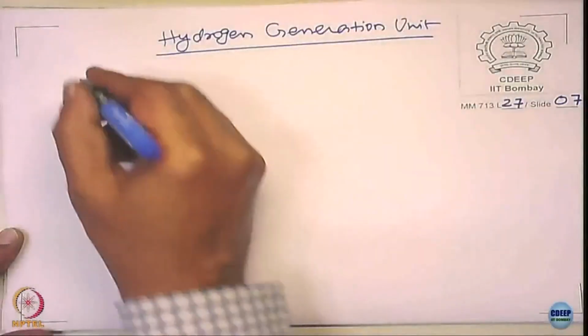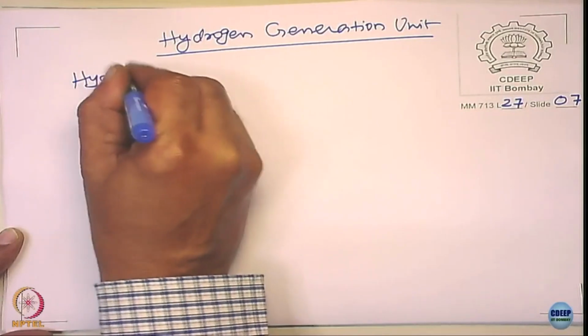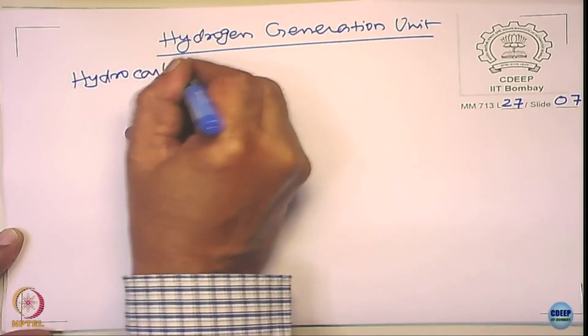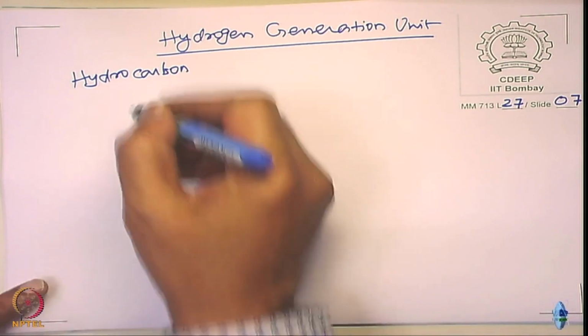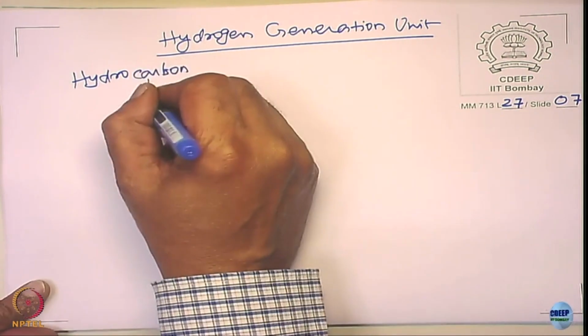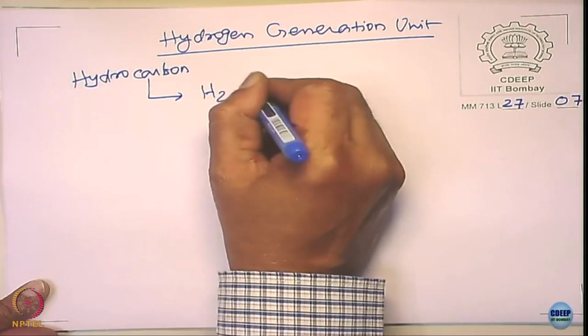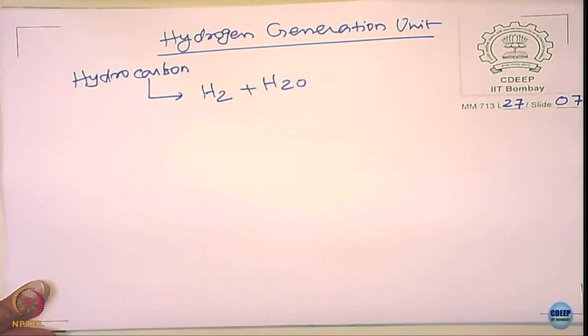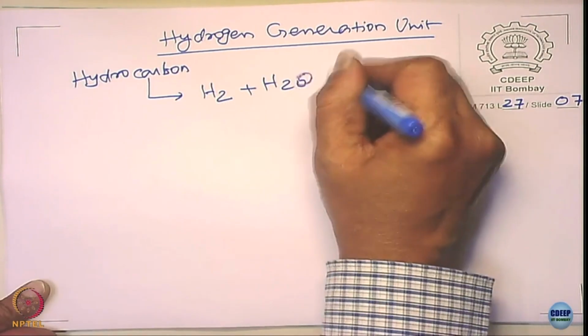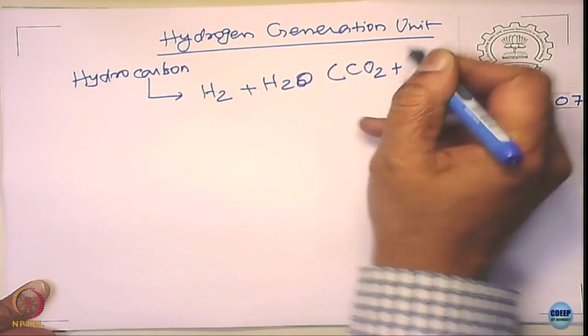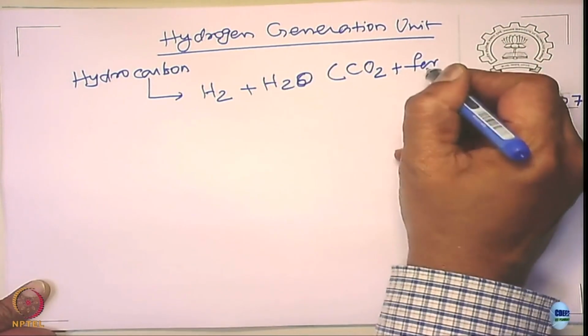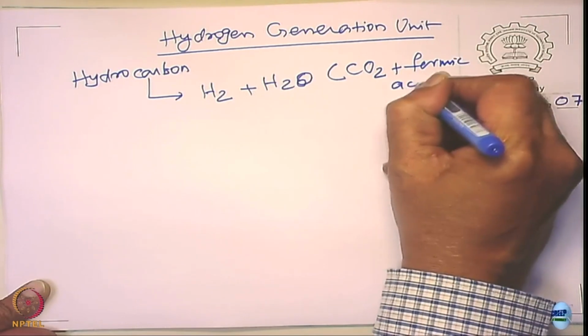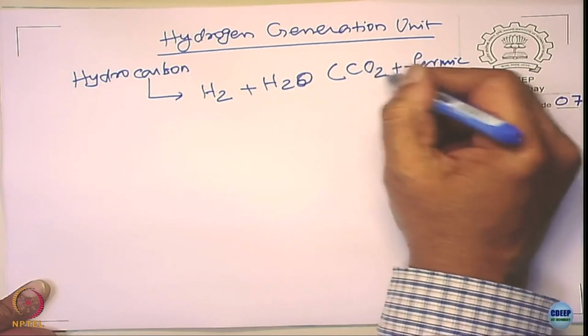This unit was, I think, commissioned somewhere in Eastern Europe. The hydrogen was generated from hydrocarbon. When it is generated from the hydrocarbon, it consists of hydrogen plus water. Of course, there will be some amount of carbon dioxide and some amount of formic acid or similar stuff, but these are in very low quantities.